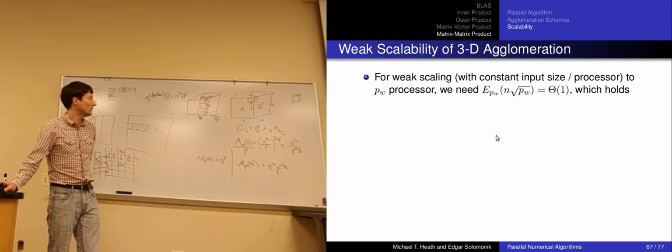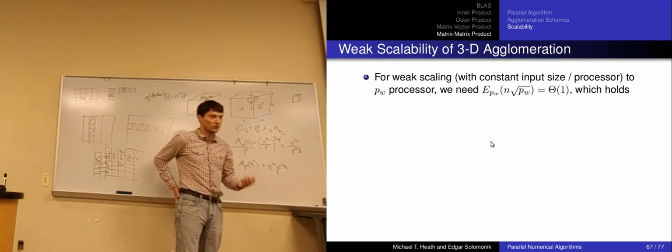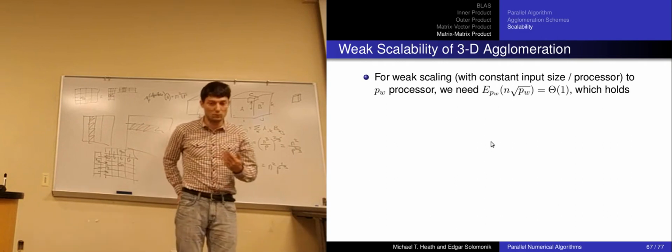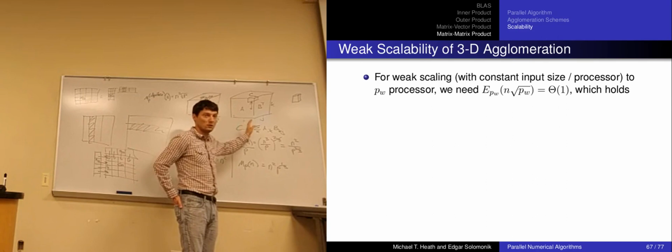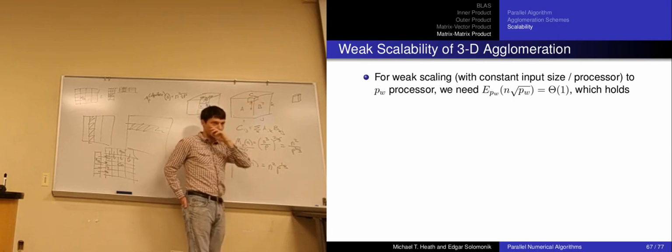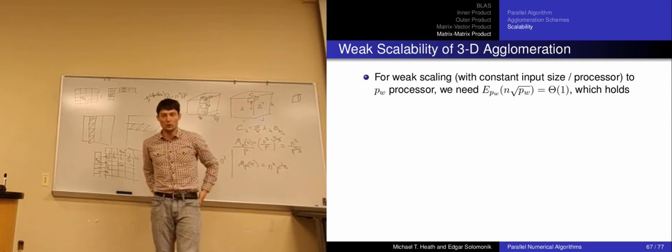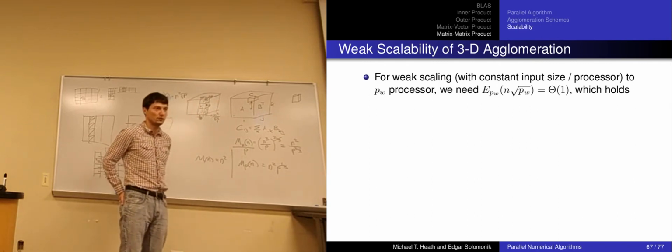As we grow the problem with respect to the number of processors, which is growing the problem more quickly than to grow the volume with respect to the number of processors. If we grow the volume with respect to the number of processors in the same ratio, we'd maintain the same constant size blocks, right? Here we are growing it even faster. So in fact, the efficiency might actually improve a little bit.